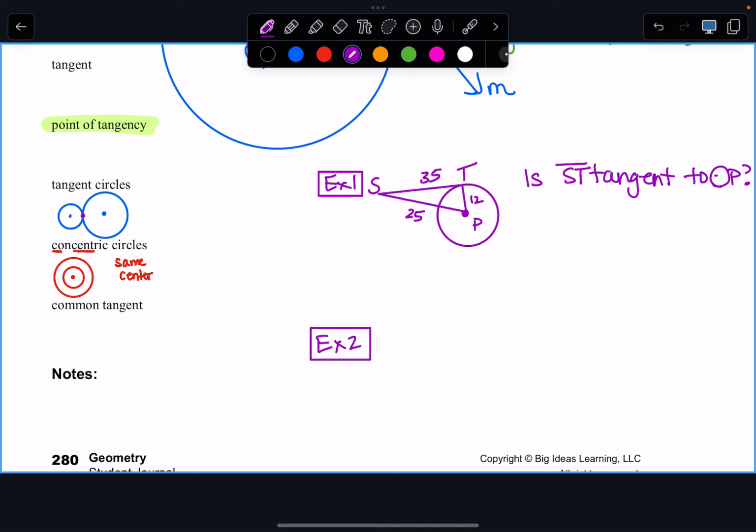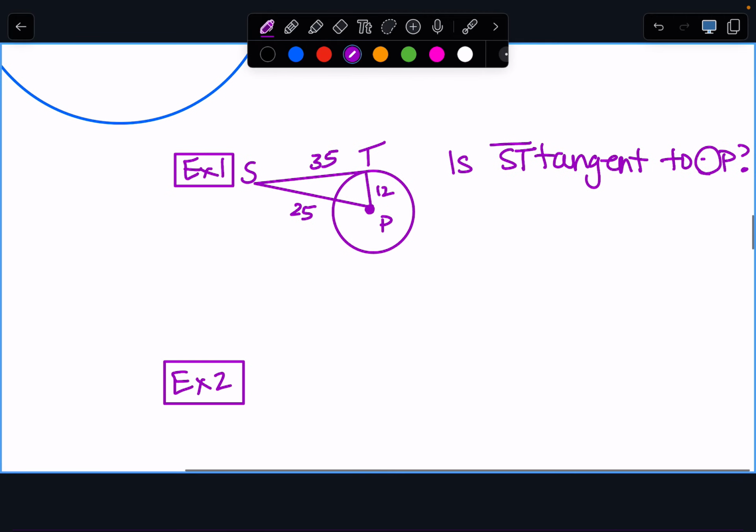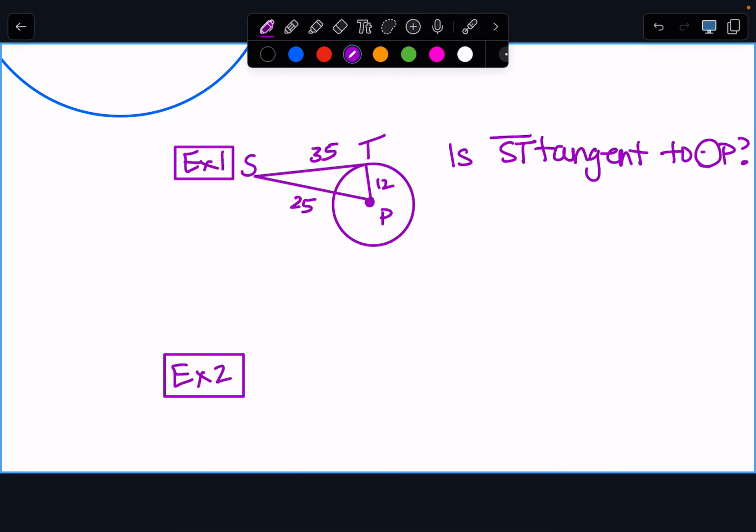Is ST tangent to circle P? How would we determine? Because the radius is perpendicular to the tangent. How would we be able to tell if this was a 90-degree angle? With the Pythagorean theorem. What is this guy right here?